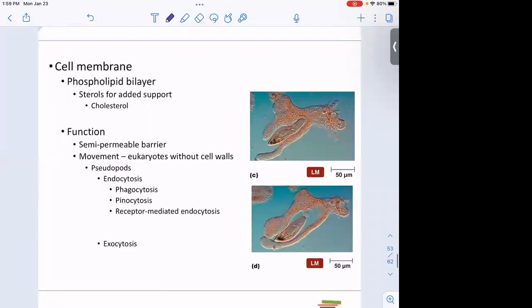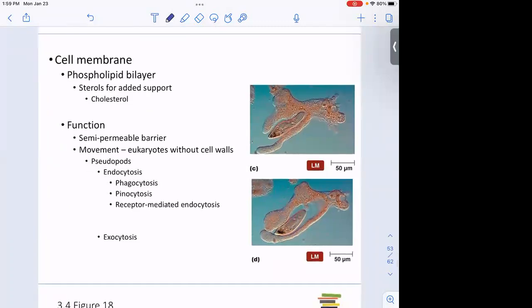Okay. Cell membrane, a lot of similarities with the cell membrane, phospholipid bilayer. One big difference is that eukaryotic cells, and of course they all have a cell membrane, that's something that every cell needs, will have steroid lipids or sterols like cholesterol for added support.